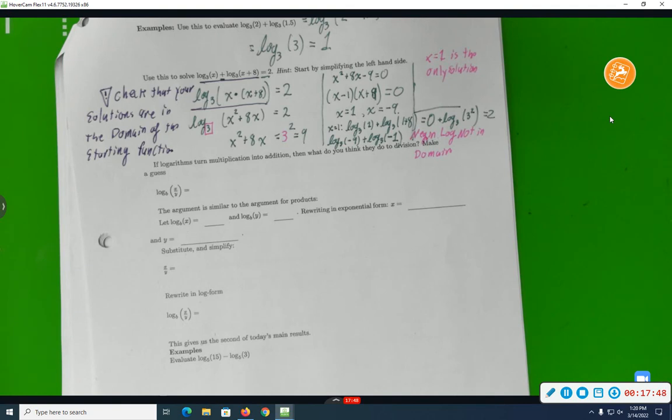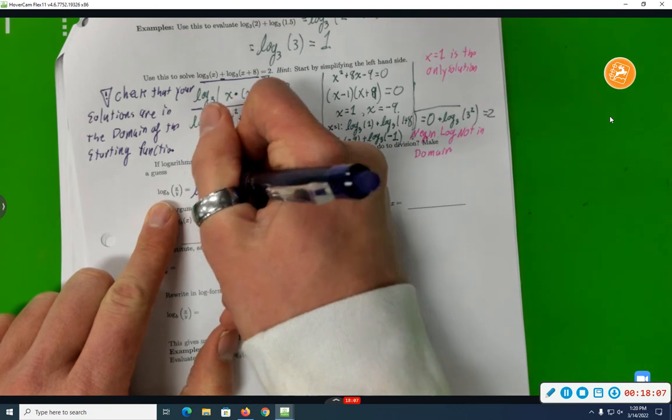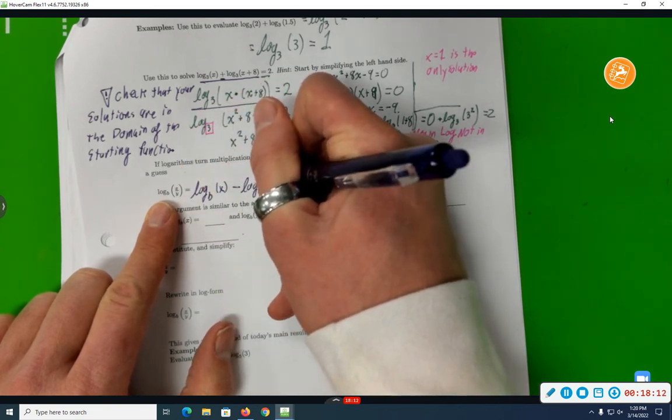That idea make sense? So I think I'll hit the next 2 log laws more quickly. I'll state them and then we'll use them. So if logs turn multiplication into addition, what do you think they turn division into? Yeah. Log base b of x over y is the same as the log base b of x minus the log base b of y.